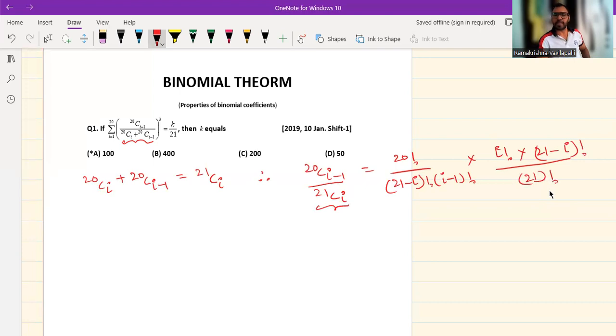A few terms will be cancelled. The (21 minus i) factorial is cancelled. And this can be written as i into (i minus 1) factorial, so (i minus 1) factorial is cancelled. This 21 factorial is 21 into 20 factorial, so 20 factorial is cancelled. So this is equal to i by 21.